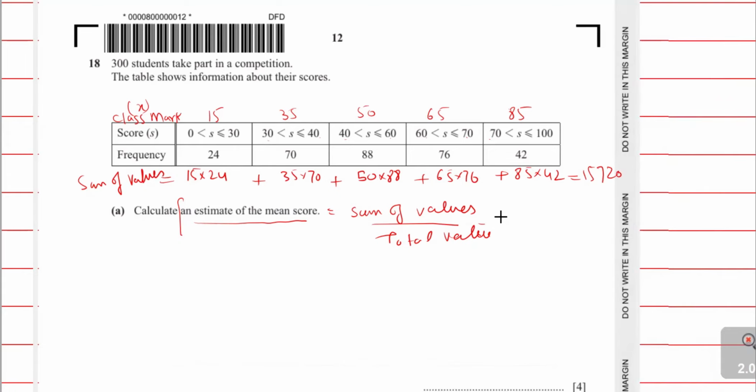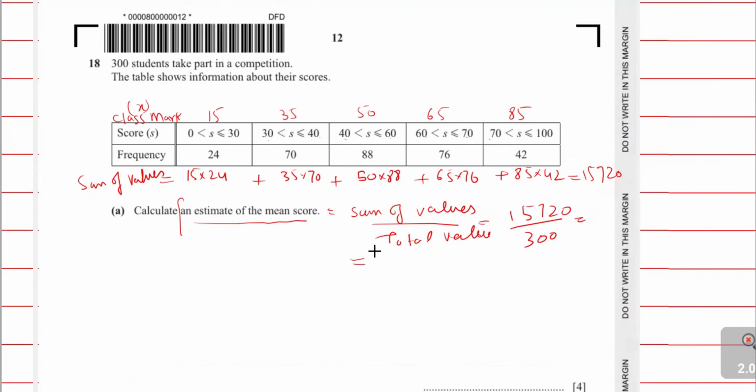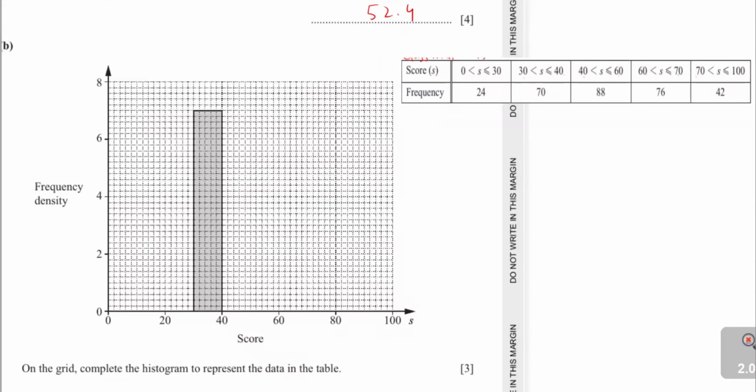This is 15,720 divided by 300, and this will be equal to 52.4, and this is the mean score, and this is the answer. Part B. On the grid, complete the histogram to represent the data in the tables.